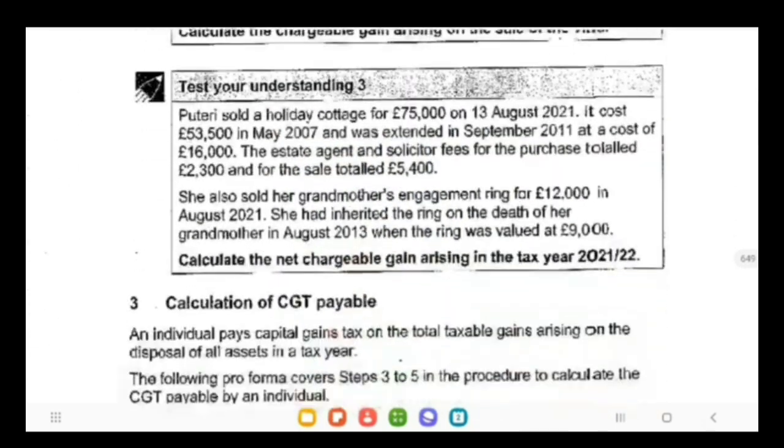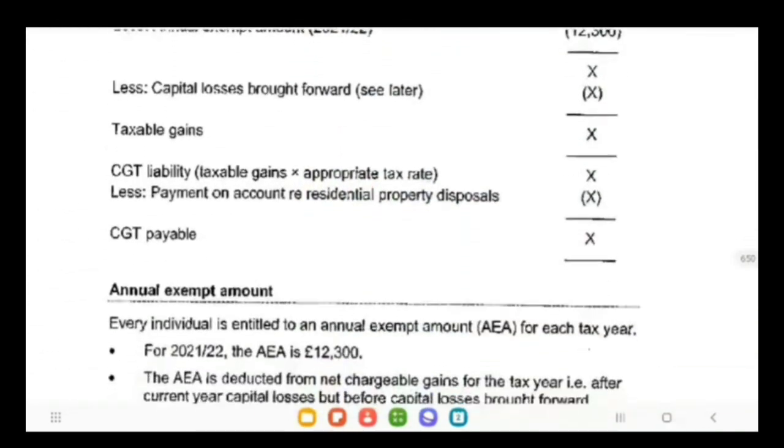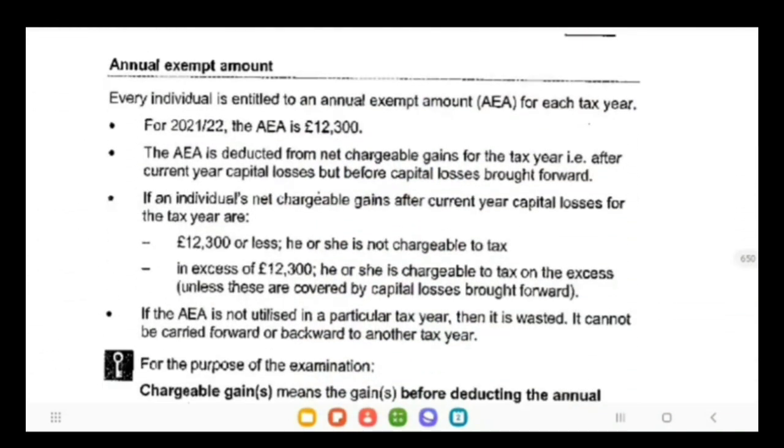Same is the case in the test understanding 2 and 3, pro forma, and then the annual exempt amount. This is 12,300 for the tax year 21-22. Remember again, the AEA, the annual exempt amount, is deducted from the net chargeable gain for the tax year.